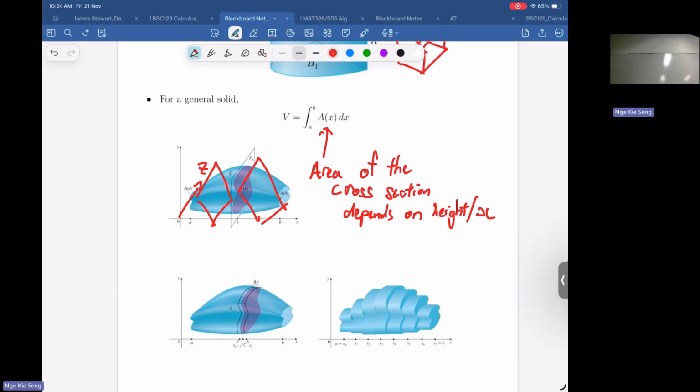But this one is not clear here. I think you are a computer science student, right? You should be able to appreciate this. So when your limit tends to infinity, your solid gets very thin. This is the real solid you get.